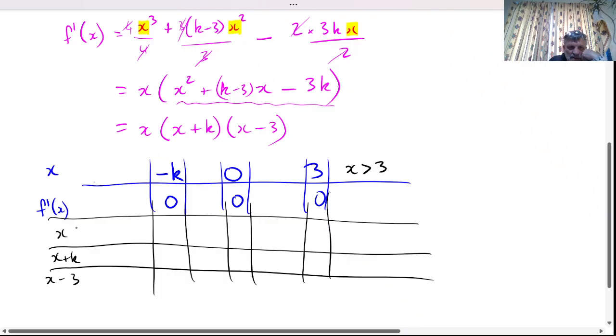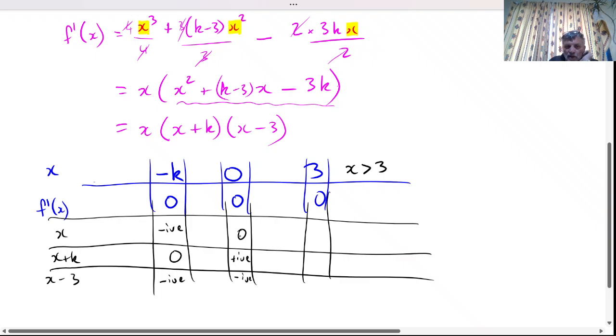So if x is negative k, this is negative. Negative k plus k is 0, and negative k minus 3 is negative, so when you multiply them, you get 0. If x is equal to 0, 0 plus k, k was bigger than 0, so this is positive. 0 minus 3 is negative.